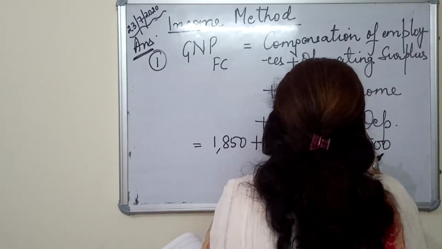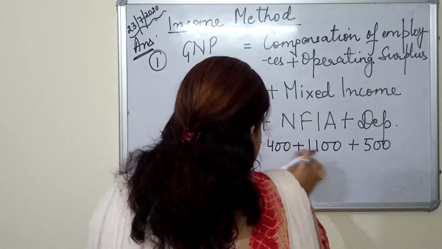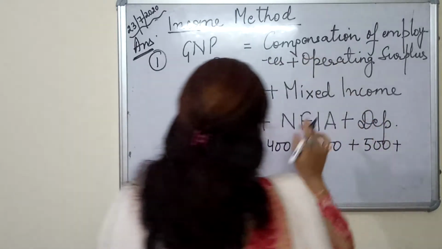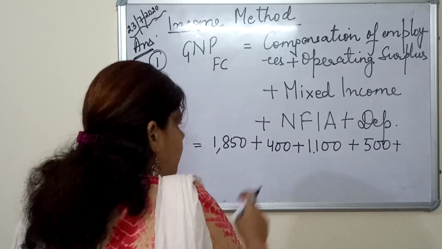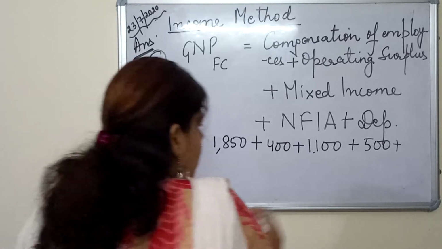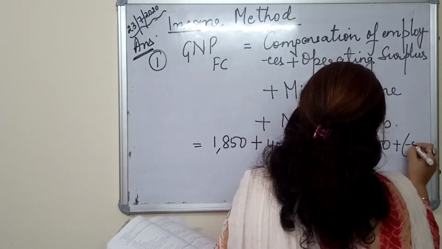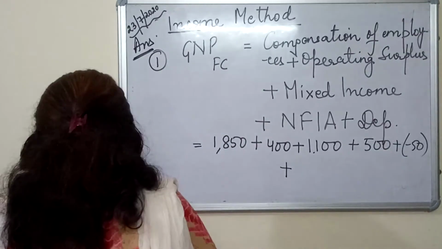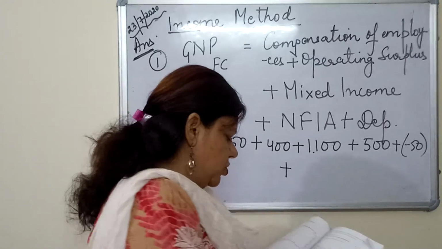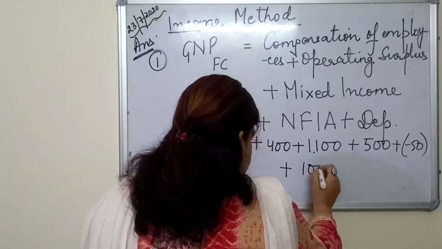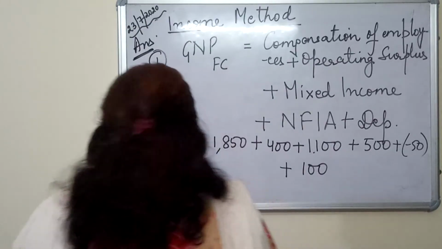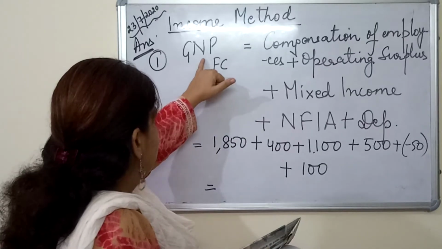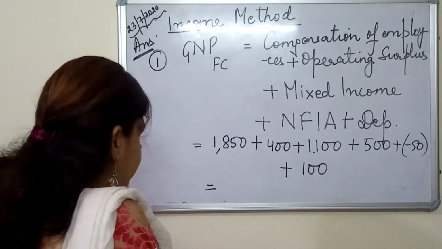Mixed income is not there in the question; nothing is given related to mixed income. NFIA is given as minus 50. Then depreciation is given in the form of consumption of fixed capital, which is 100. So just calculate, and you will get the answer for GNP at FC.